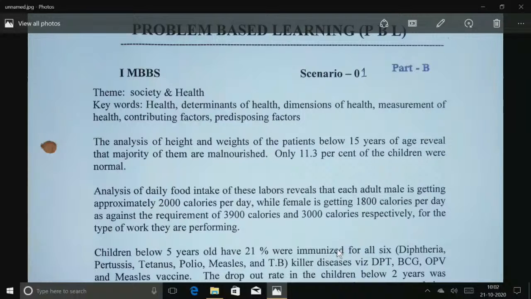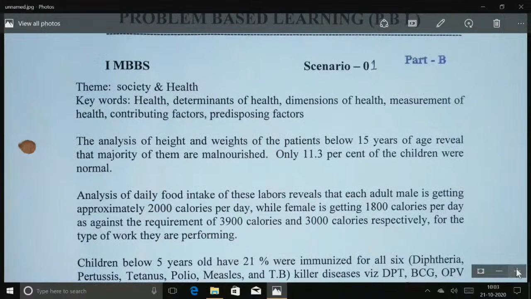So here the theme is society and health, keywords health, determinants of health, dimensions of health, measurement of health, contributing factors, predisposing factors. So again, read the given scenario part B and interpret it in context of the 8 steps of the PBL cycle.